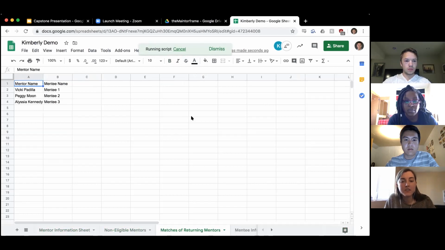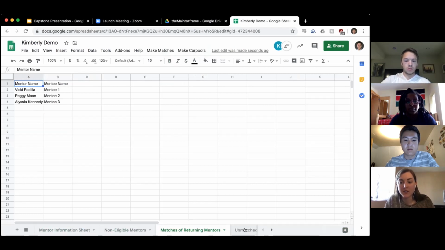This sheet will give an output: if there's anyone who was returning, they will appear on a separate sheet. We thought that was really important so that the interns can automatically see who's returning, because they try their hardest to pair those people together no matter what.